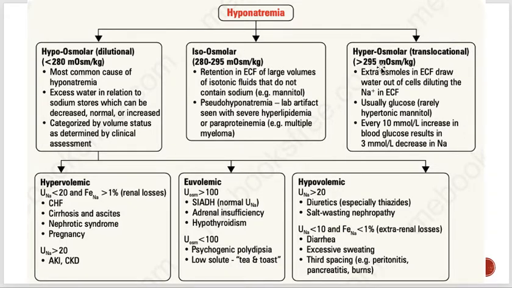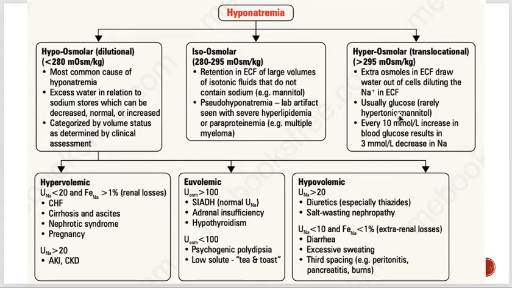One more thing, when there is hyperosmolality, so hyponatremia with hyperosmolality. Extra osmoles in the ECF draw water out of the cell, diluting the sodium in the ECF. Usually it is glucose, rarely hypertonic mannitol.